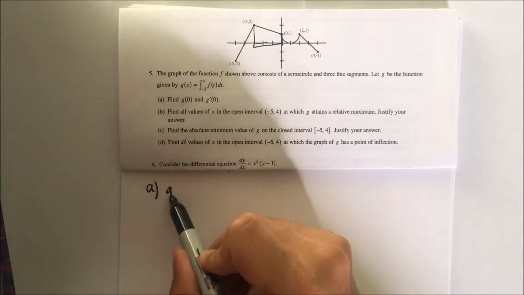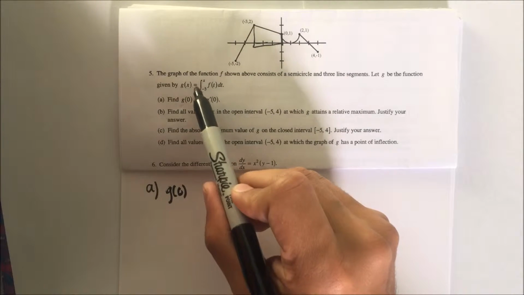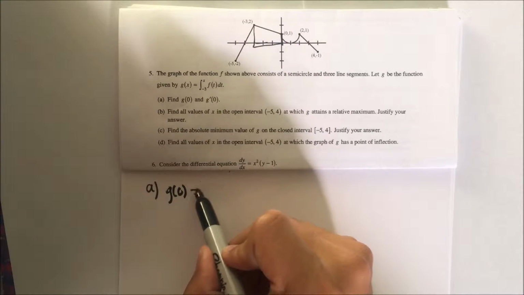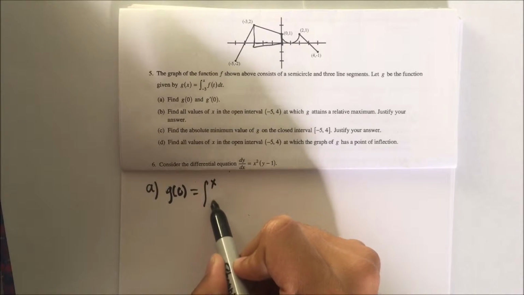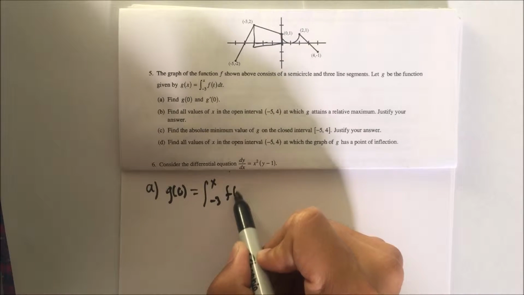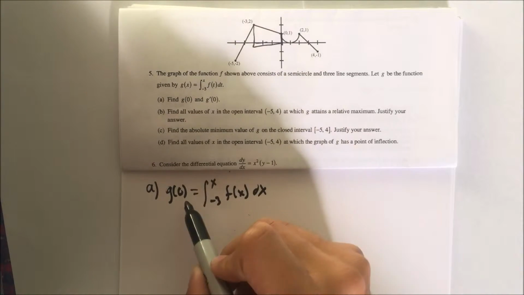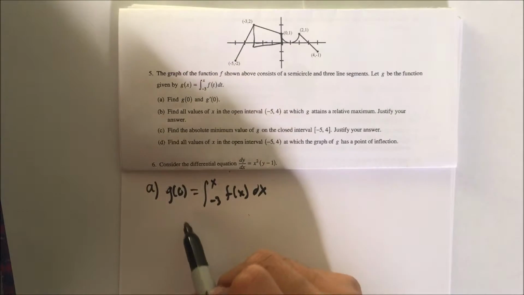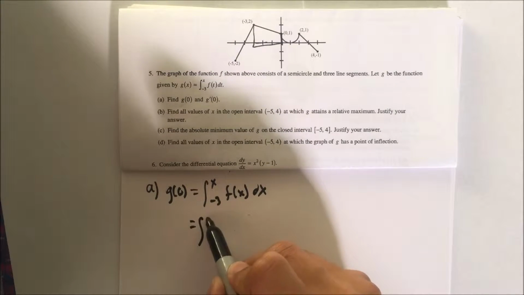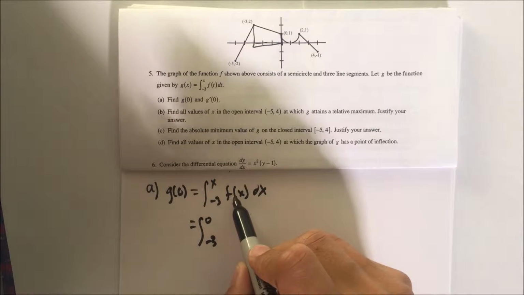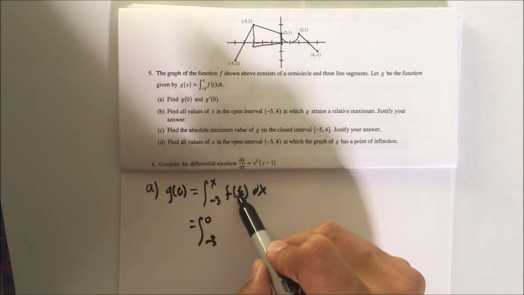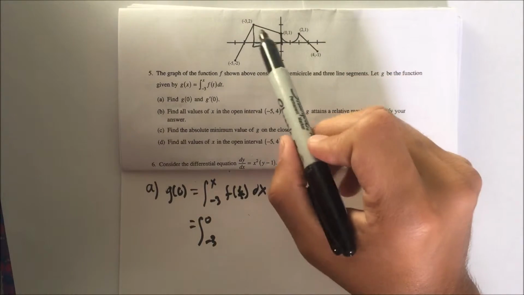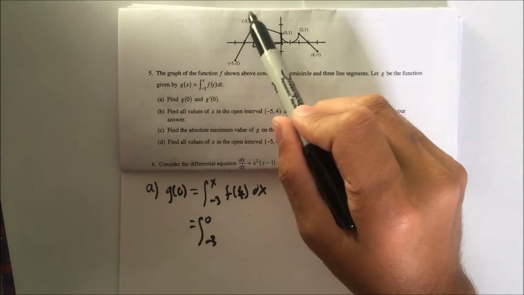And to find g of 0, we have to look back at the given function of g of x. And to do so, since we know what x is, we need to plug it in, which is going to be 0. And to find the function, we have to look back at the graph, and we can see there's a trapezoid right here.